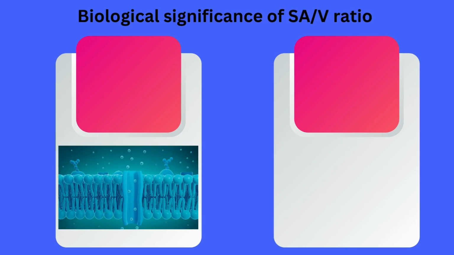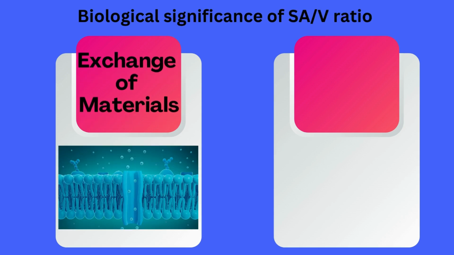Number one, it is of significance in exchange of materials. In living organisms, a high surface area to volume ratio means that there is a large surface area relative to the volume of the organism. This is important because many biological processes like exchange of oxygen, nutrients, and waste materials occur through the surface.